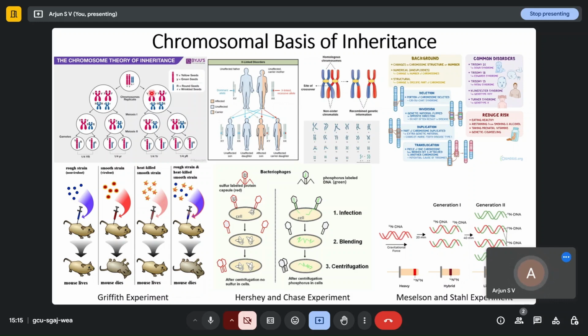We also witnessed some common definitions like wild type and mutant, and what they mean. And then we also discussed sex linked genes, and how a father can transmit sex linked genes only to the daughter, and mothers can pass sex linked genes to both sons and daughters.